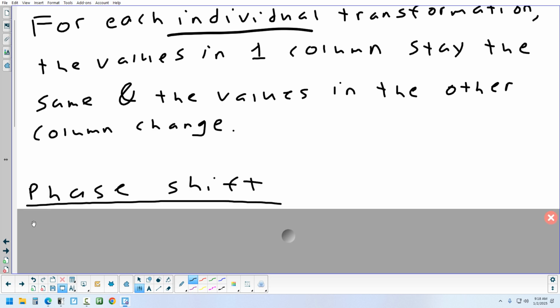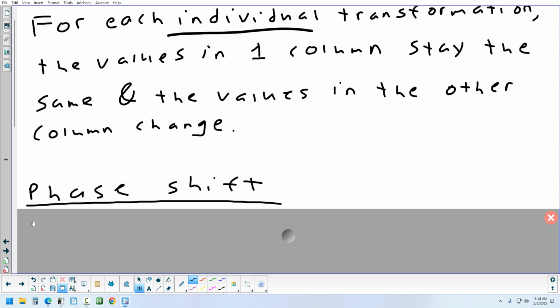Everything I've told you so far is just general background information about sine and cosine. Now we're going to talk about 2 specific transformations. A phase shift, which is what they call a horizontal shift. I don't know why they call it phase shift with sine and cosine.